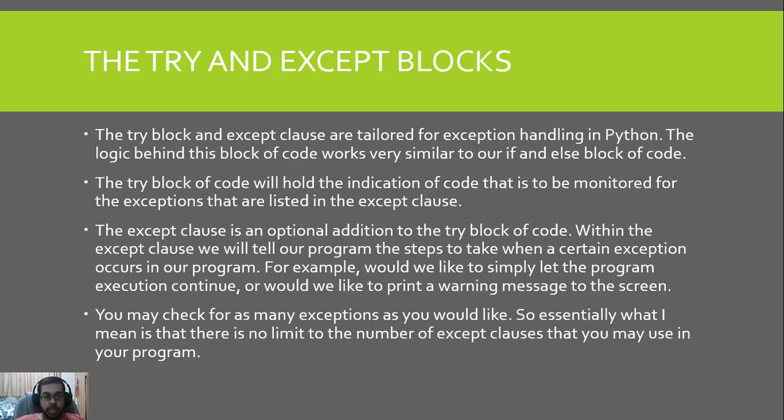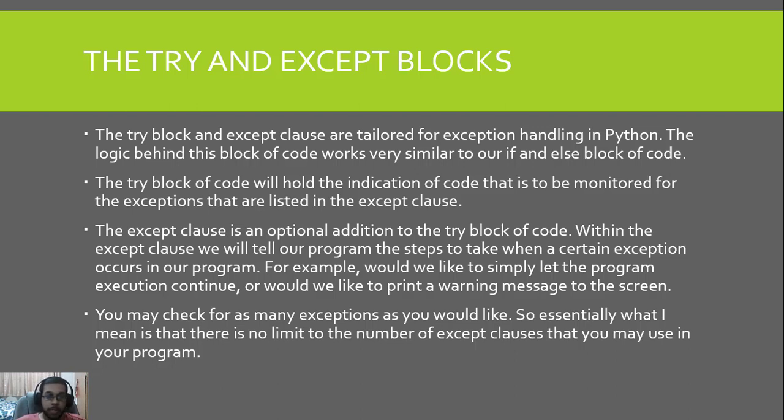The except clause is an optional addition to the try block of code. Within the except clause, we will tell our program the steps to take when a certain exception occurs in our program. For example, would we like to simply let the program execution continue, or would we like to print a warning message to the screen?